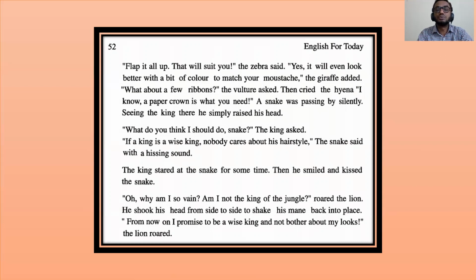But it is not true. Looking good, looking excellent is not the real appearance of a person. Most importantly, his mind, that means his personality, is the main thing of a man.